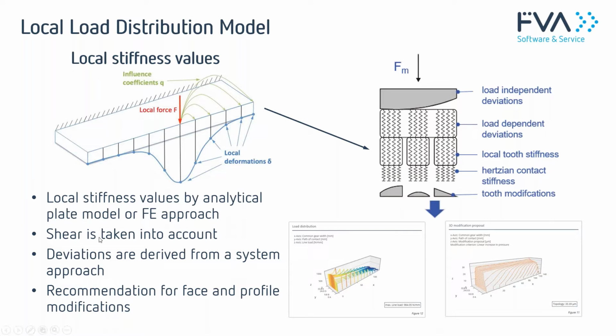We can calculate these local stiffnesses by different approaches. In the workbench, we have an analytical approach, which is a plate model, where we look at the tooth as if it were a plate, and there are formulas based on the Weber-Banaschek calculation and on the plate model according to Schmidt.